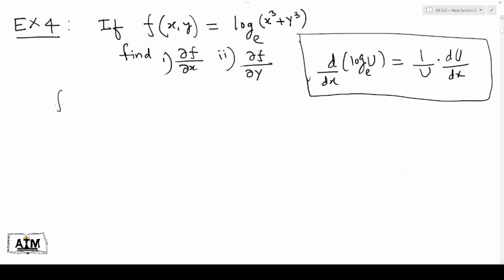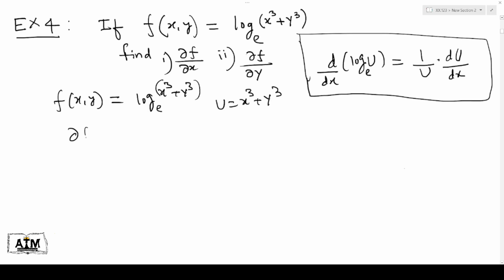So we have f of xy equals log of x cube plus y cube to the base e. I read once again, log of x cube plus y cube to the base e. Here u equals x cube plus y cube.